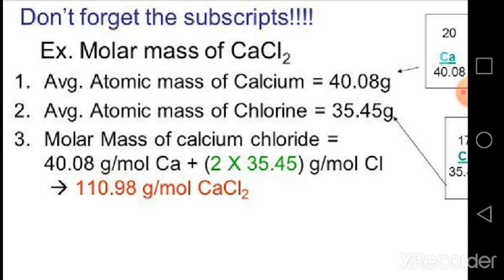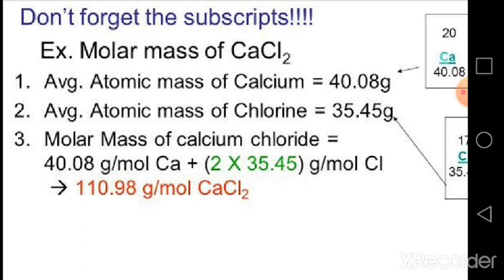The atomic mass of calcium is 40.08 grams, while the atomic mass of chlorine is 35.45 grams. This is the atomic mass. If we express these masses in grams, then we will be able to get 1 mole of each, calcium and chlorine. But here we are going to discuss calcium chloride.